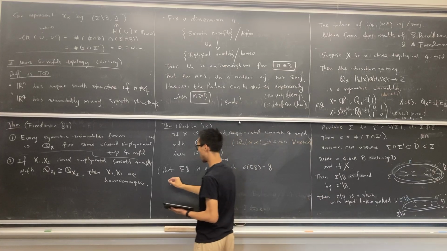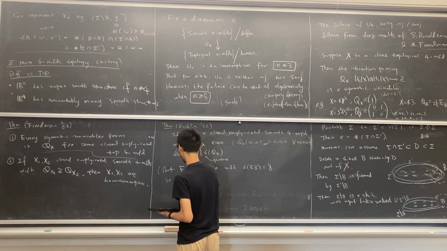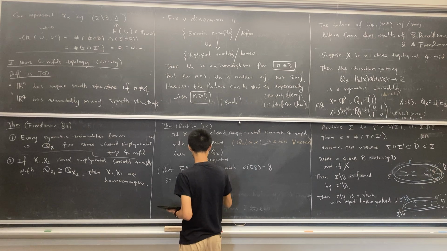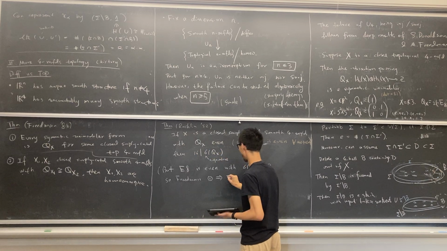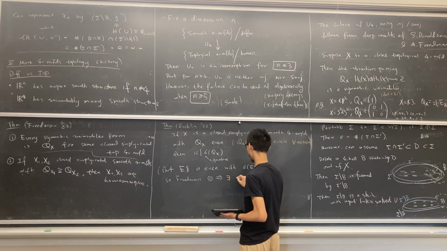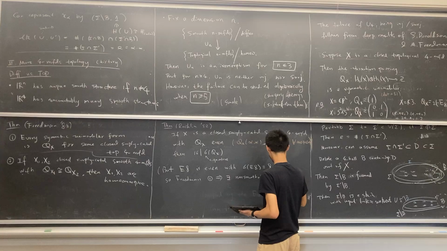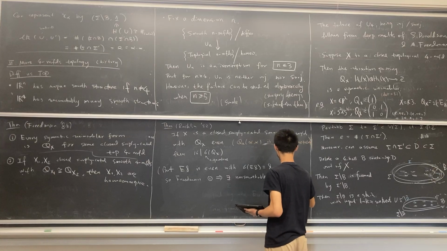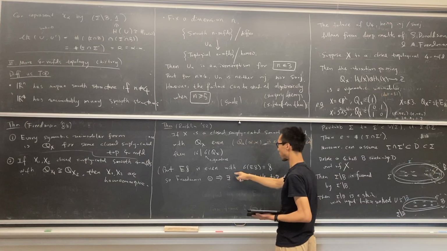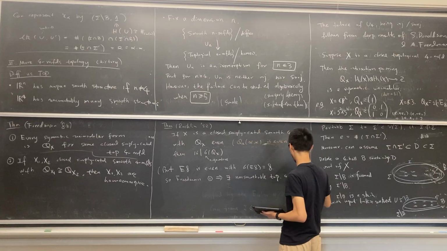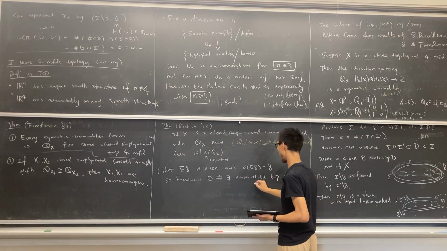So Freedman's theorem number 1 implies that there exist non-smoothable topological four-manifolds, non-smoothable topological four-manifolds with, say, intersection matrix E8. This is the so-called E8 manifold.